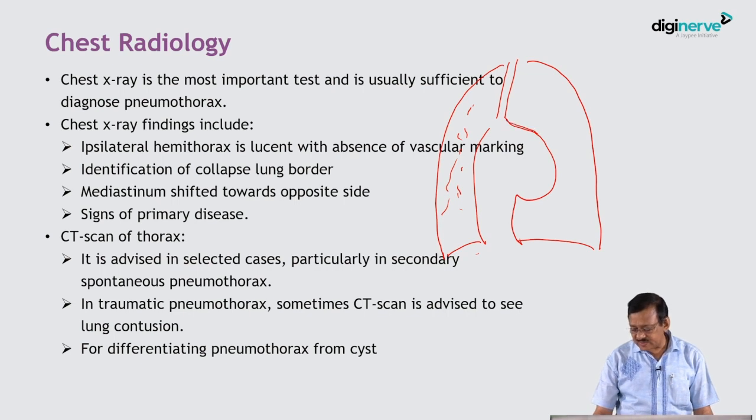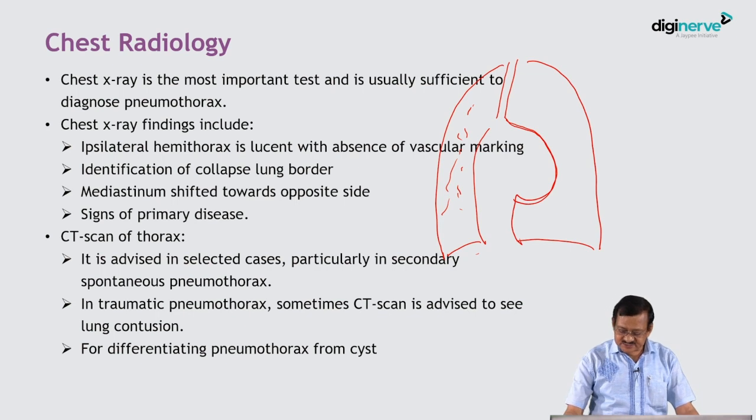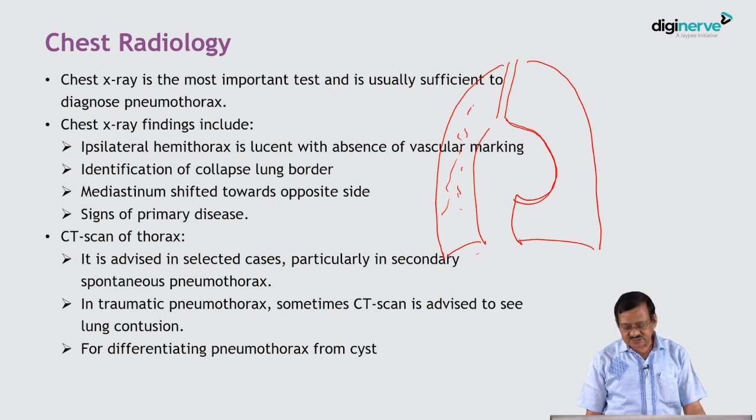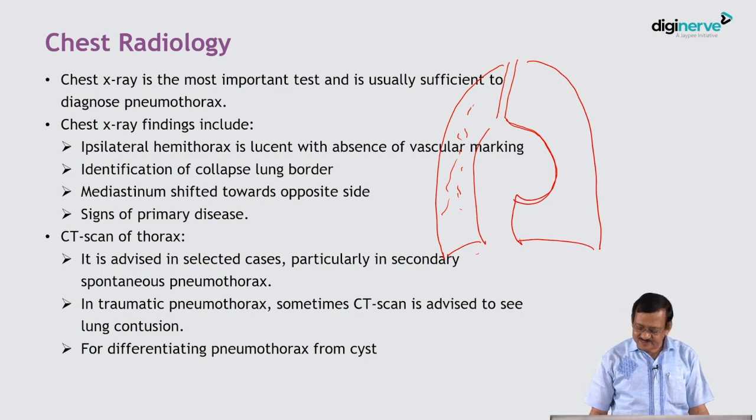This collapsed lung margin is very important for the diagnosis. So, lucency with collapsed lung margin, sometimes the mediastinum will be shifted to the opposite side, and there may be the primary disease. You can see there will be a cavity or there will be emphysema, etc.